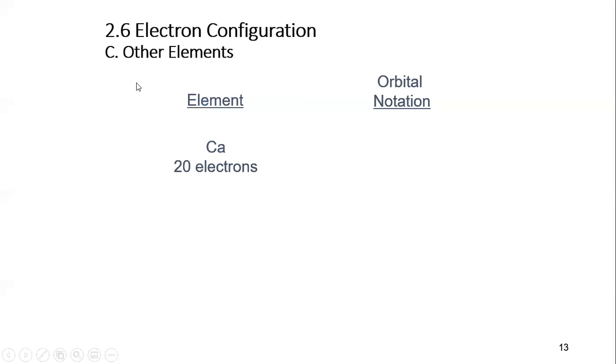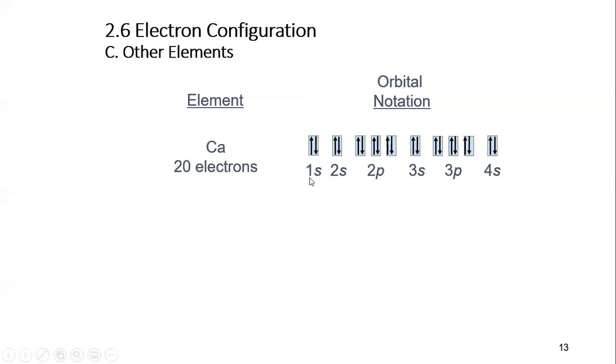So here if we look at calcium, now we're getting to bigger elements. Calcium has 20 electrons, so it's on row 4. Again, we start with the 1s, we completely fill it, we go to the 2s, the 2p, 3s, and then notice after 3p, we don't go to 3d, we go to the 4s. And if you look at that chart, you'll see that the 4s comes before the 3d.